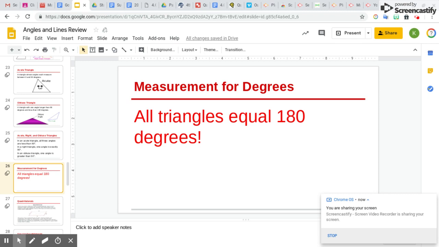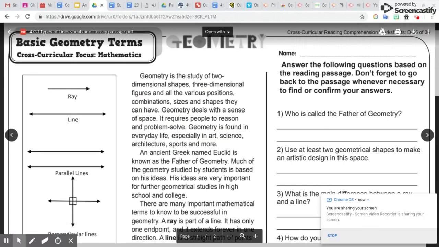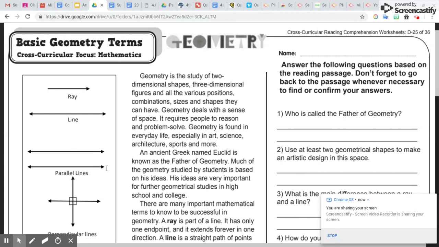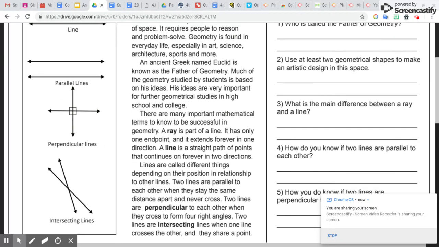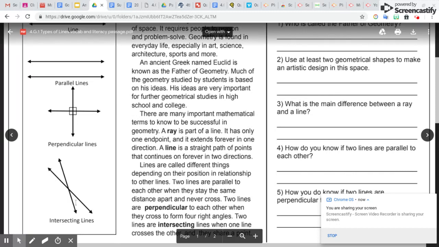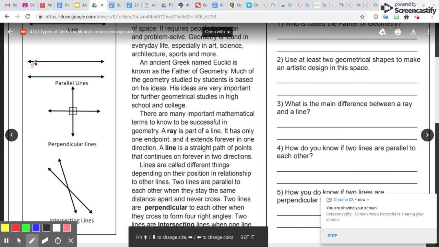All right. Now, the last thing I want to move on to is talking to you guys about what we call parallel lines, perpendicular lines, and intersecting lines. When we're talking about parallel lines, as you can see here, I'm going to go ahead and highlight.